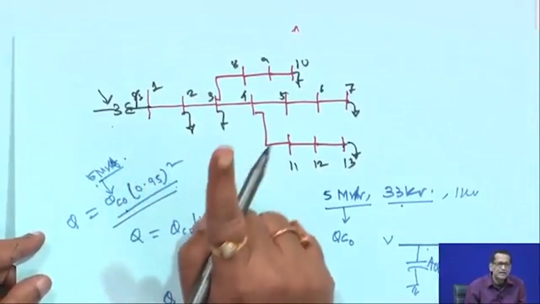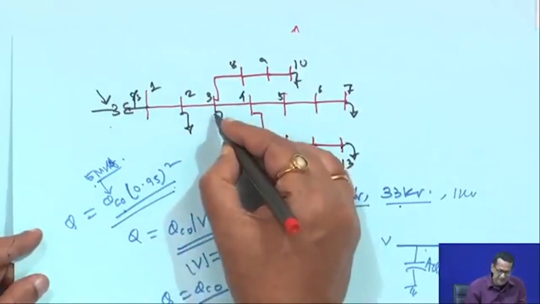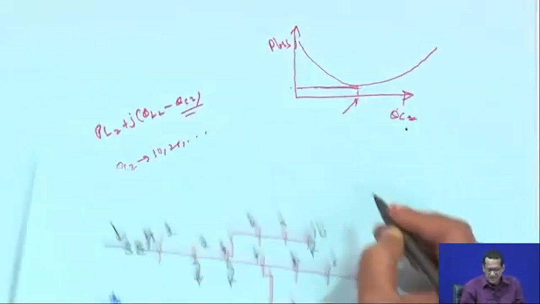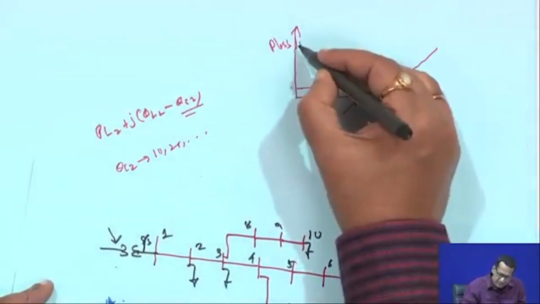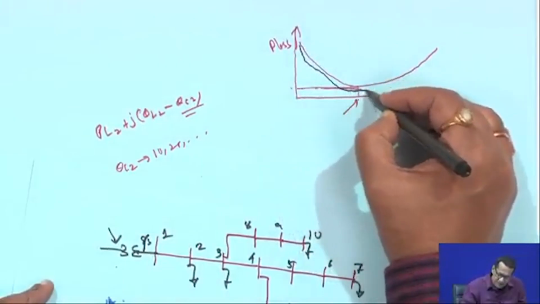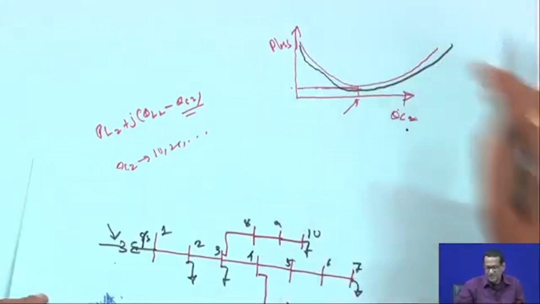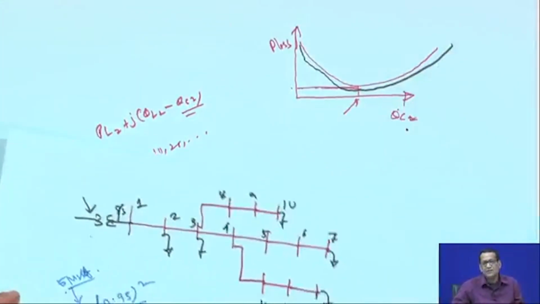Similarly, remove this capacitor from node 2, one at a time, and connect another capacitor at node 3. Again if you plot the graph, it will start somewhere and again go further down. Although you need not plot the graph every time.